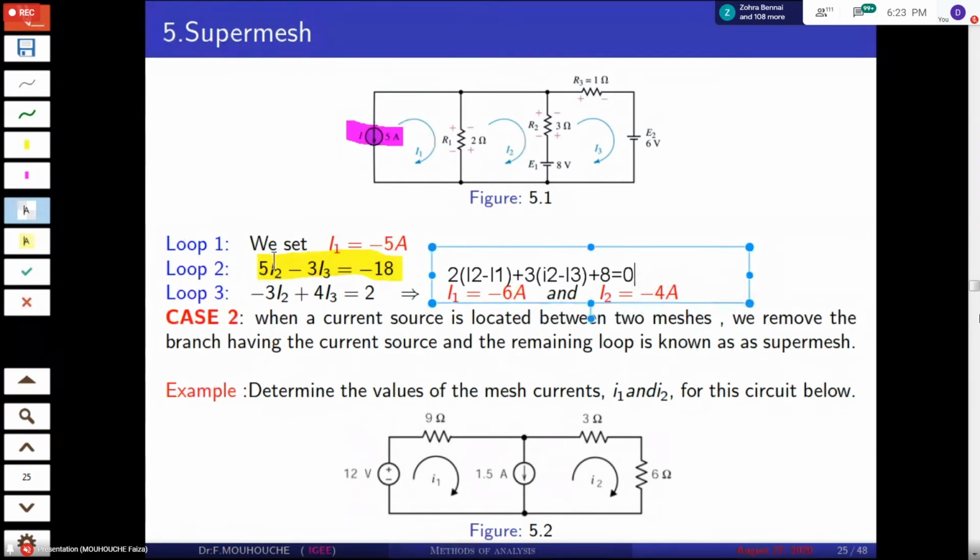For loop 3, the same thing. We have 3 I3 minus I2, 3 I3 plus 6 minus 8.